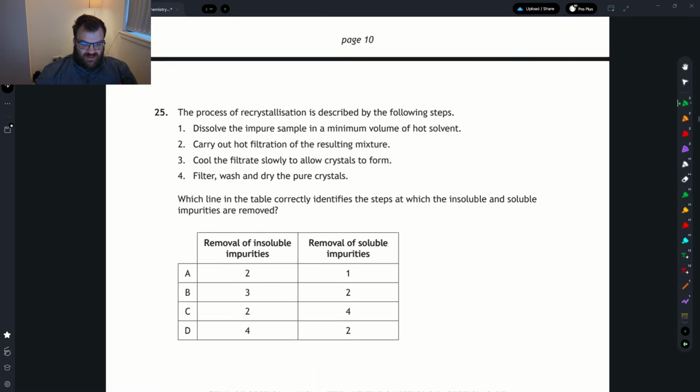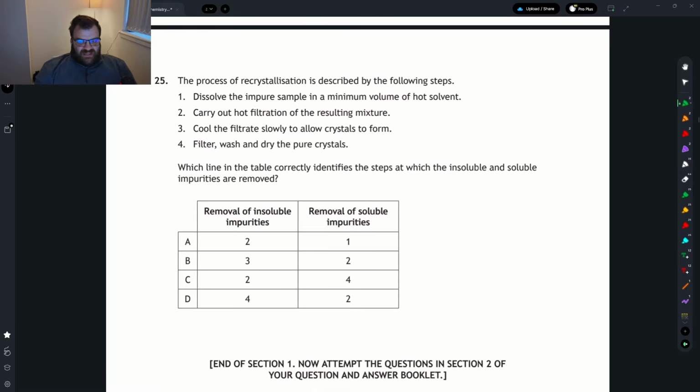Next one, we're talking about recrystallization. Okay, so dissolve the impure sample for that. If we are dissolving it in hot solvent, the idea would be the stuff we want dissolves, and the impurities that haven't dissolved are filtered off.